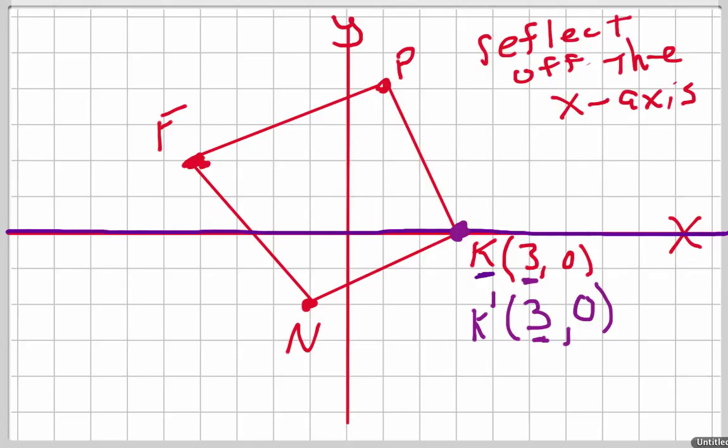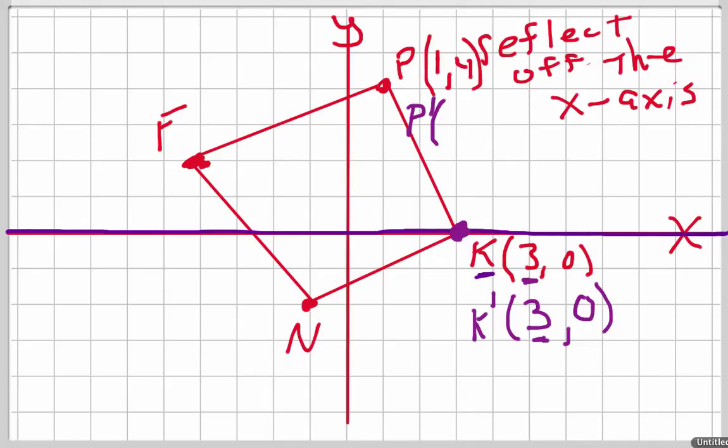Now let's look at P real quick. P is 1, 4. Now check this out. If I'm reflecting that point, don't try to move the shape, just move the point, because sometimes when you draw your shapes or transform a shape, it'll overlap. My x-coordinate's going to stay the same.